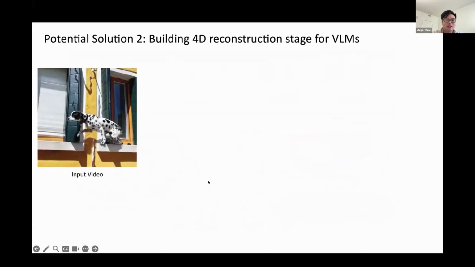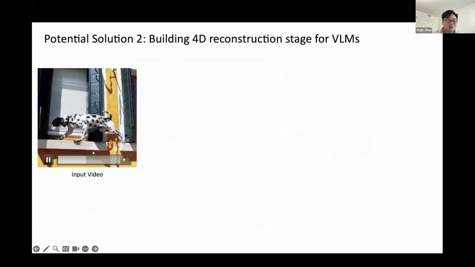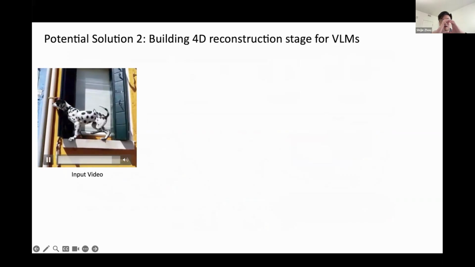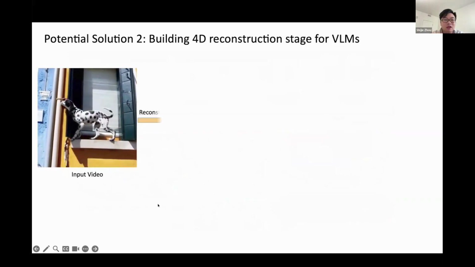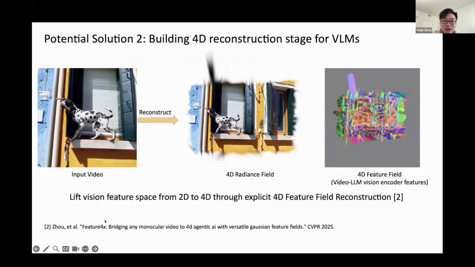For example, the input video is like this. At every time step, we can only see one frame and a partial view of the whole scene. So we do 4D reconstruction using Feature 4X, which was published in CVPR 25, which is another paper of mine actually.